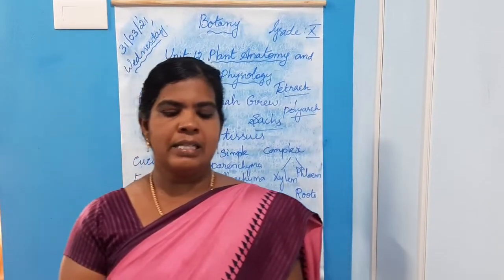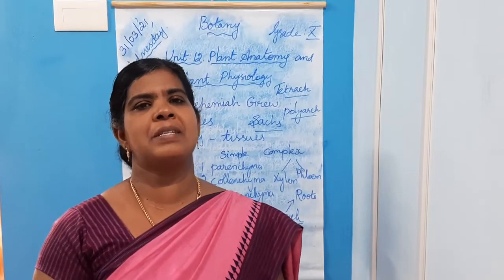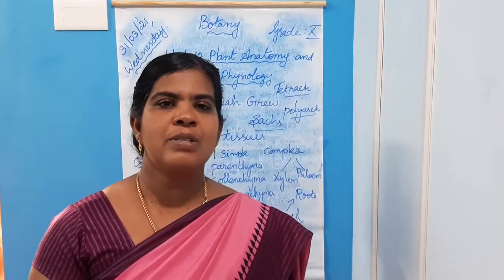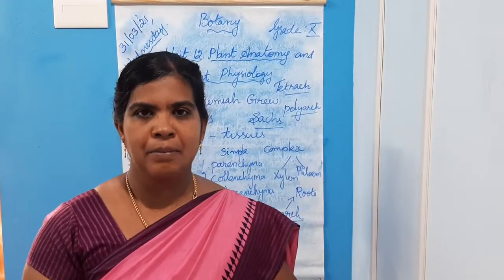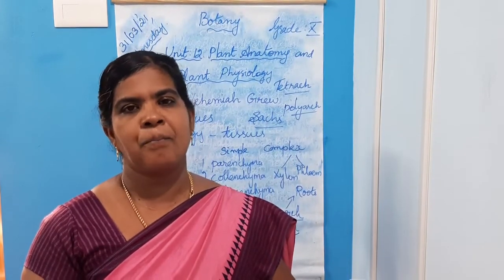Next, about the stem. Which is the outermost layer of the stem? That is epidermis. The outermost layer of the root is epiblema, or rhizodermis, or piliferous layer.